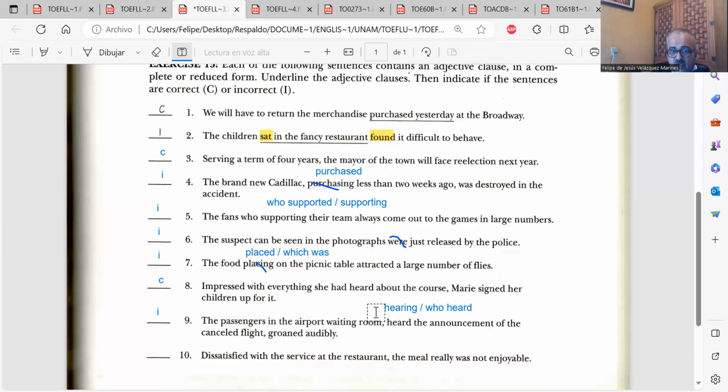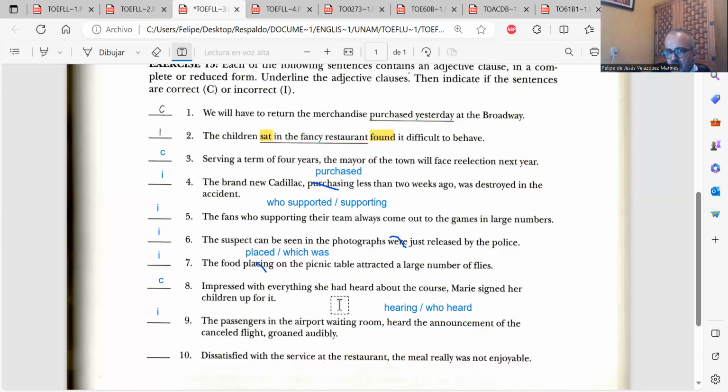That's why we say hearing, because they did the action. Let me tell you something. All the ing and past participle verbs that are used as adjectives, like the interesting book, are reductions all the time. The passenger in the airport waiting room. What is a waiting room?